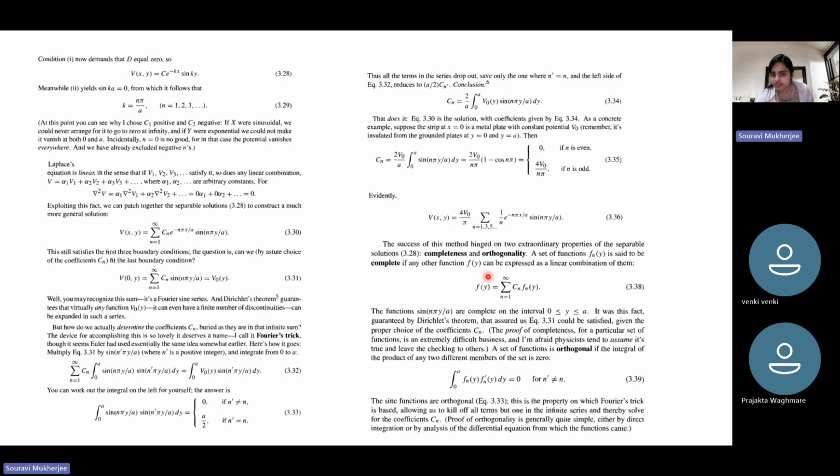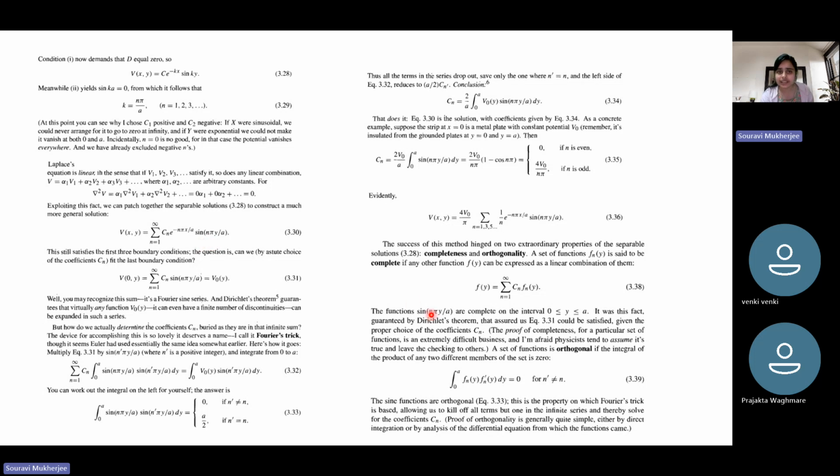Complete means that any function f(y) can be written as a combination of these functions, because that is the relation you have used here. You had some solutions, and you say that any solution can be written as a combination of these solutions. Because sinusoidal functions like these are orthogonal to each other and complete, we are able to use this technique.